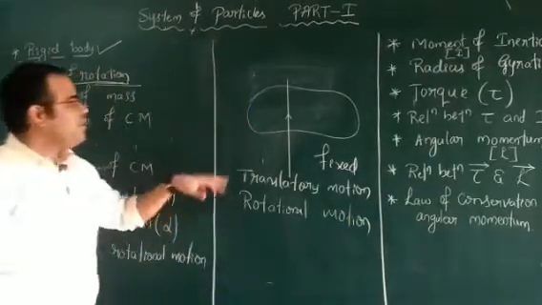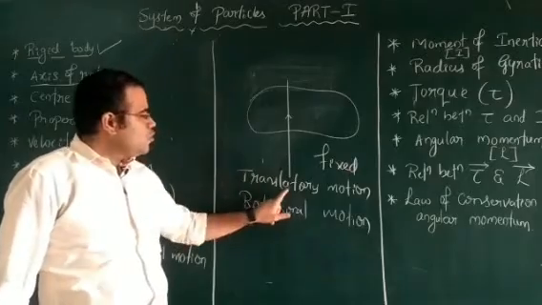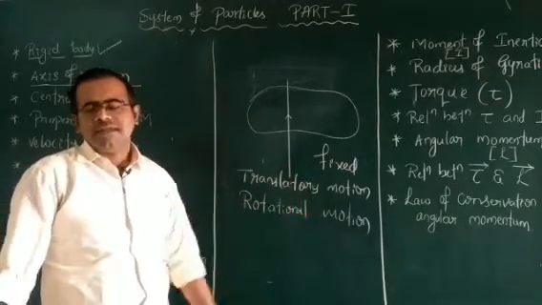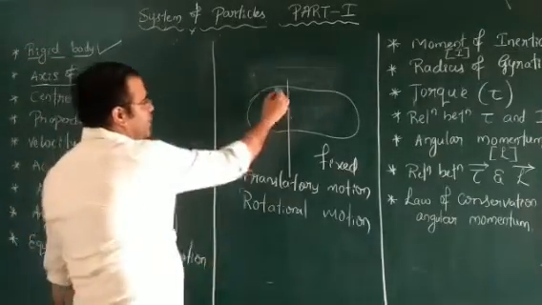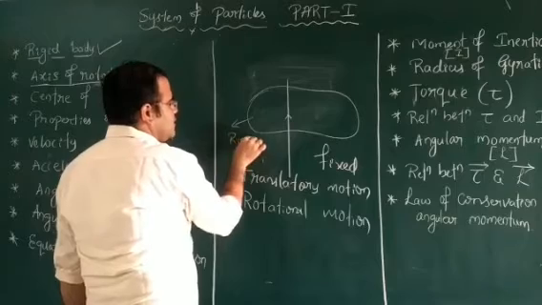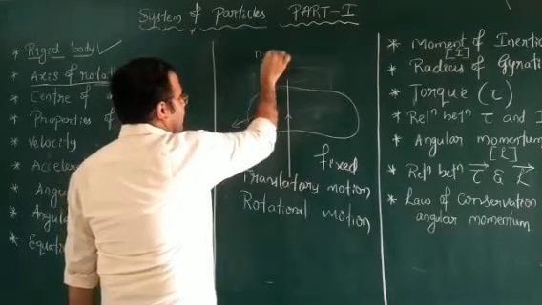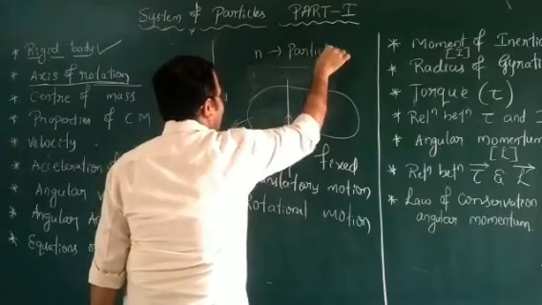Now, if we observe two types of motion, the first one is translatory. For example, if I consider this is a rigid body, in this rigid body we observe n number of particles.